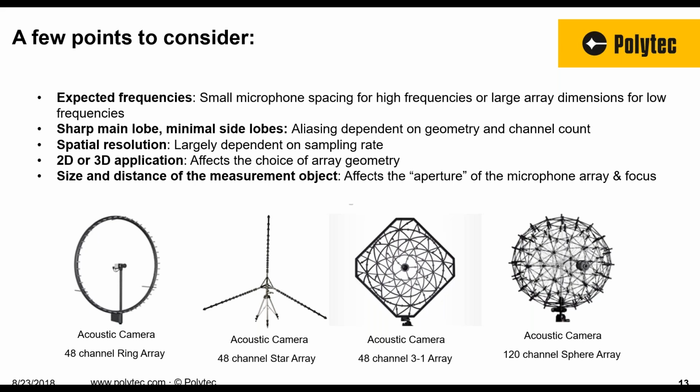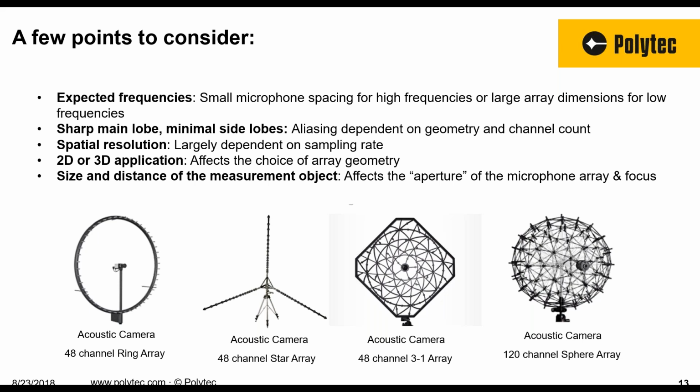So on that star array, when it's opened up, the diameter is 3.5 meters. For example, if you're looking at a sound wave at 100 hertz, the physical size of the wavelength is 3.4 meters, so we are able to catch that with the farthest opposing microphones there.